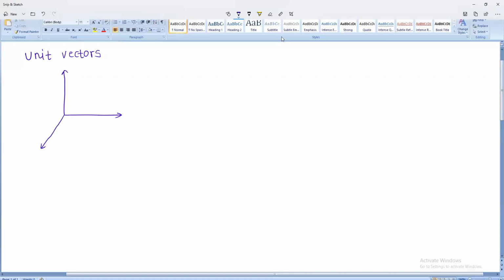These coordinate systems are not asked in the exam. No question will be asked on the coordinate system, but whatever points we are getting are very important, and they are useful in the next points, because if you don't get this coordinate system, then you cannot solve the next problems.